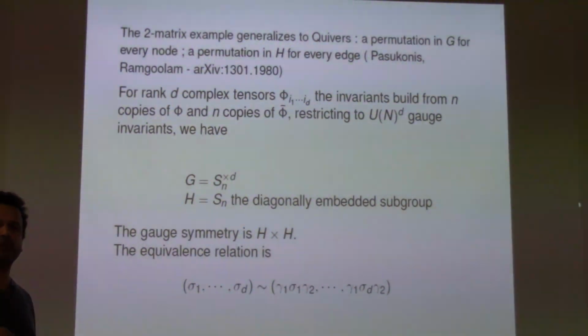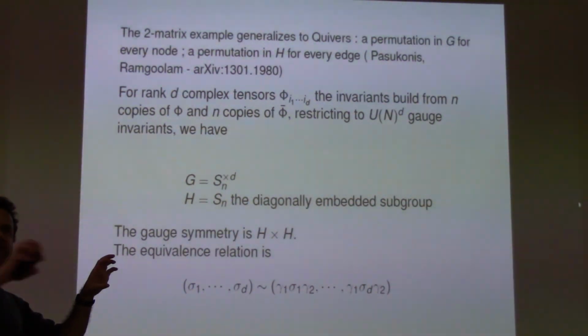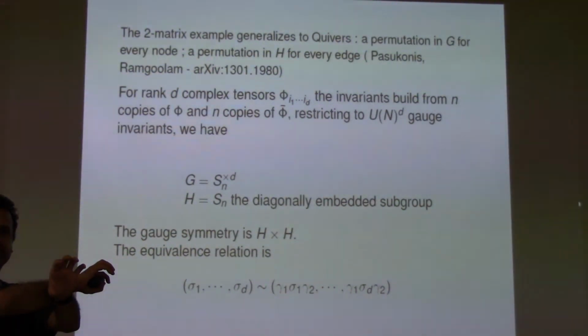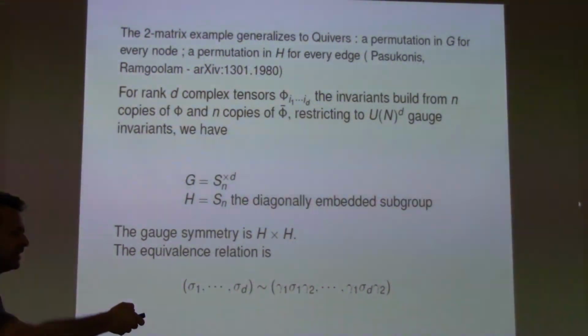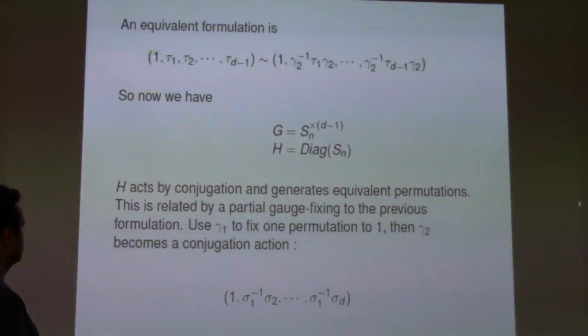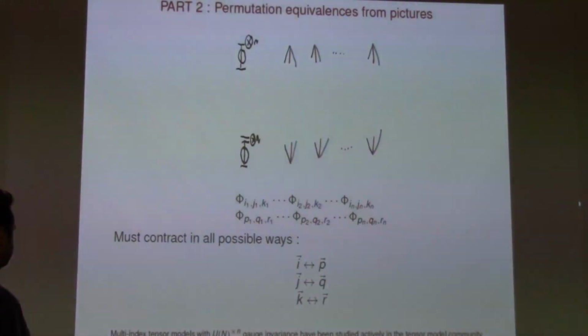What is new is that when I consider a polynomial function of these phi's, there will be a symmetry there. Phi and phi, I can commute them. In fact, that's the origin of this gauge symmetry, this H cross H. I'll skip that for now.